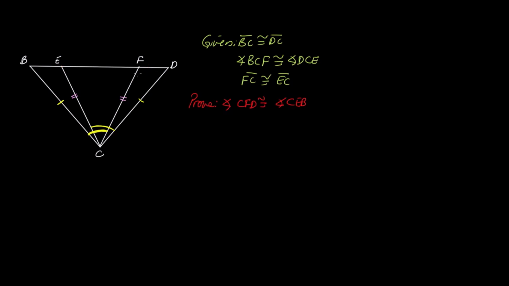So we're asked to prove that this angle is congruent to this angle over here. What in the world is going on? You say, what? I thought we were talking about triangles, and here you're asking to prove that the angles are congruent. Well, how do we go about doing that? We didn't learn anything about proving angles congruent. Well, we did, kind of, in a sense.